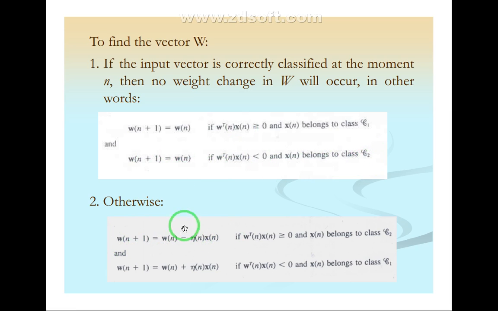And now, if we don't have a correct classification, to find the new weights we have the old weights minus the learning rate eta n times xn. This shows xn belonging to class C2, and if you use plus the learning rate eta times xn, this shows it belonging to class C1.